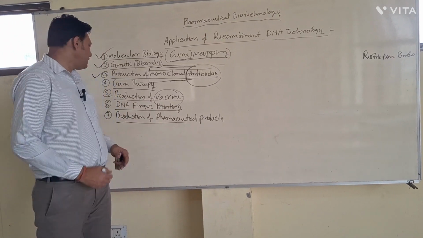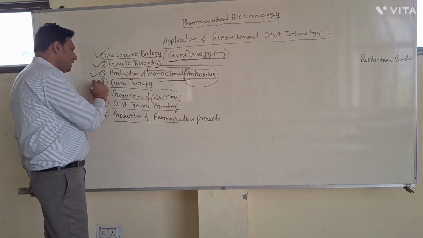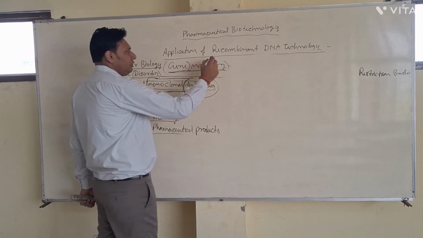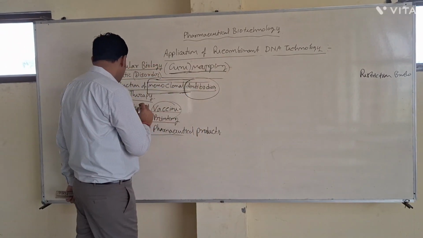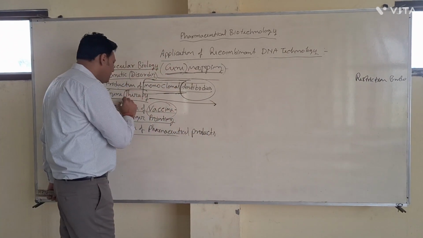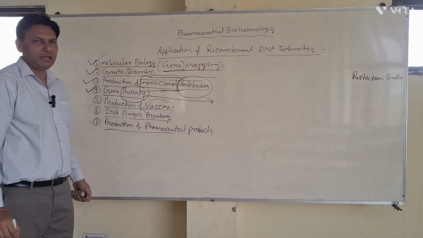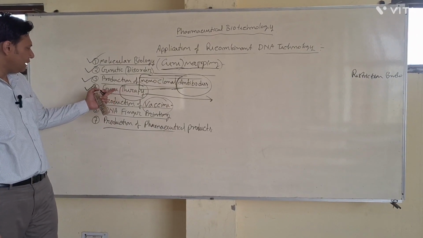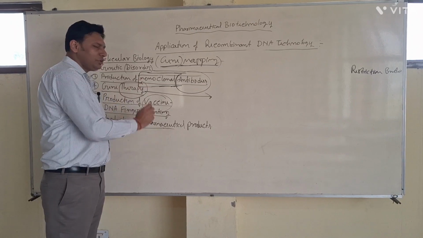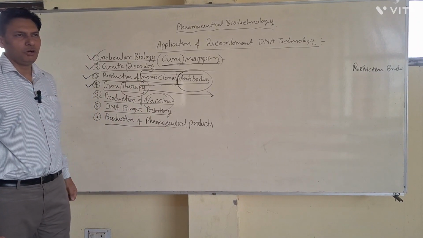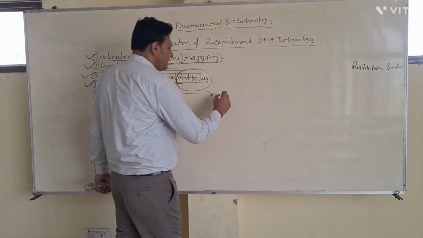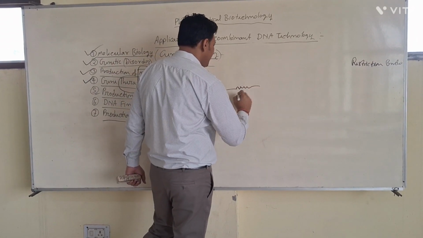Now the next application is gene therapy. So how are we using recombinant DNA technology in gene therapy? From the word therapy you can understand gene therapy. Here we are going to treat, or change, the faulty DNA, the defective DNA.